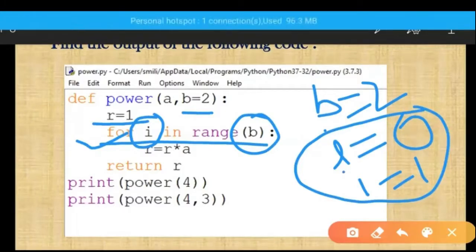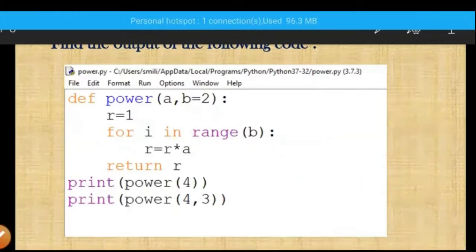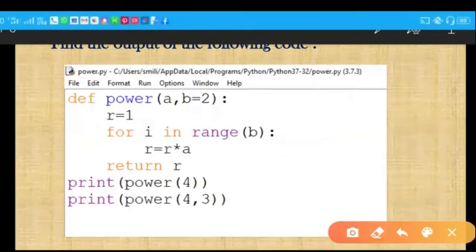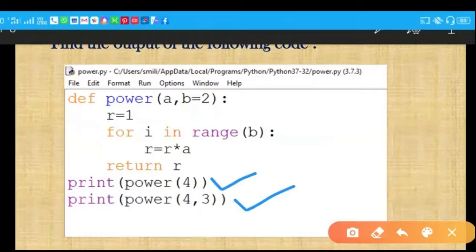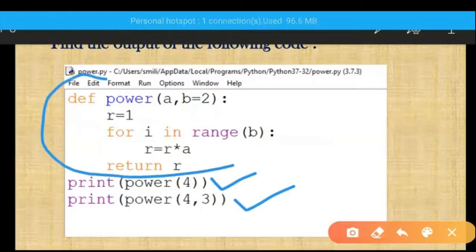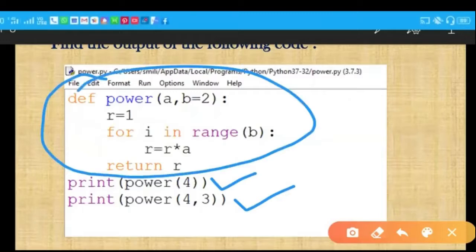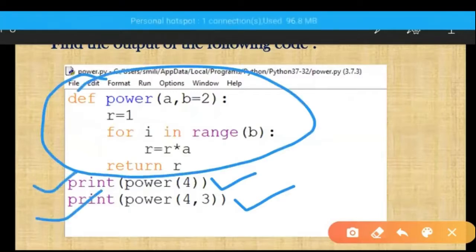Now, when I am calling these functions twice, let me provide you one hint. This is the definition of the function, and these two are the calls of the function.